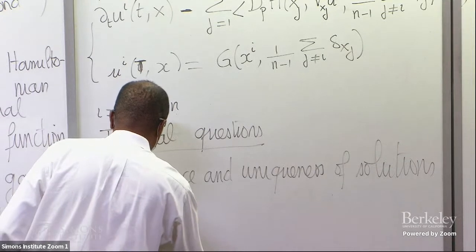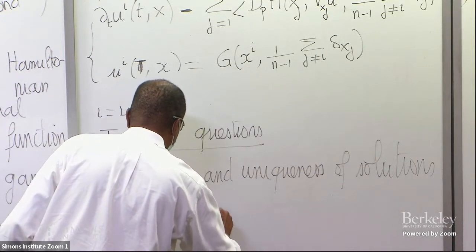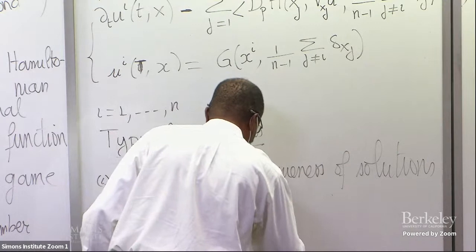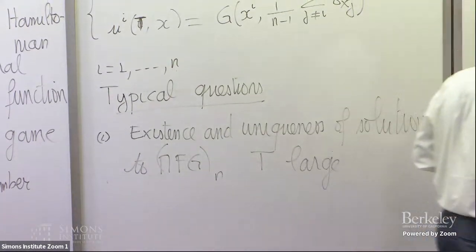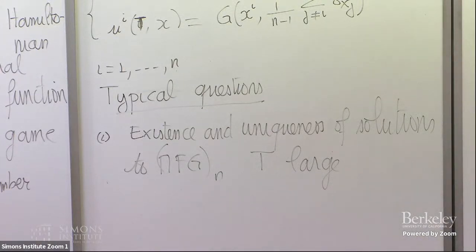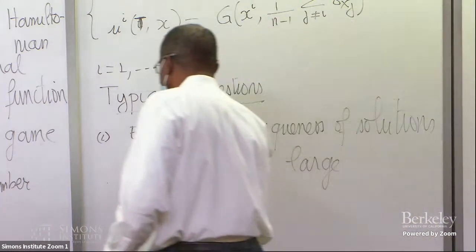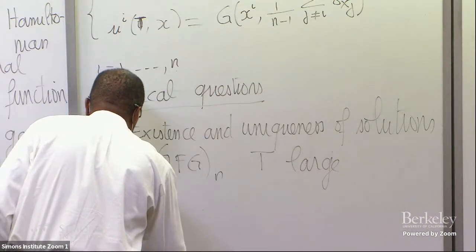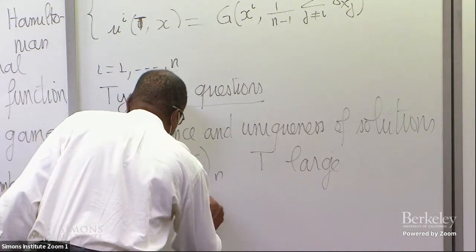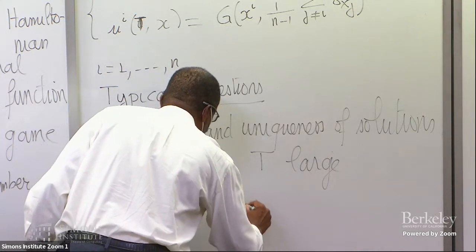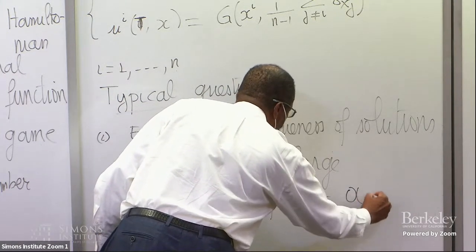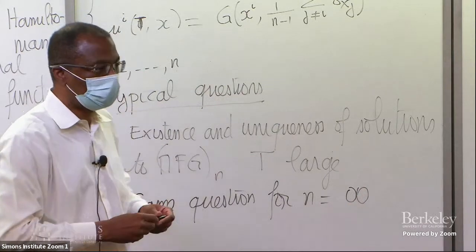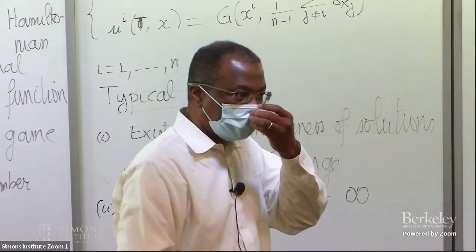Two: the mean field game, and for T large, by that I mean arbitrary T, and the same question. Then for n equal to plus infinity. For that, I need to tell you what it means that n equal to plus infinity.